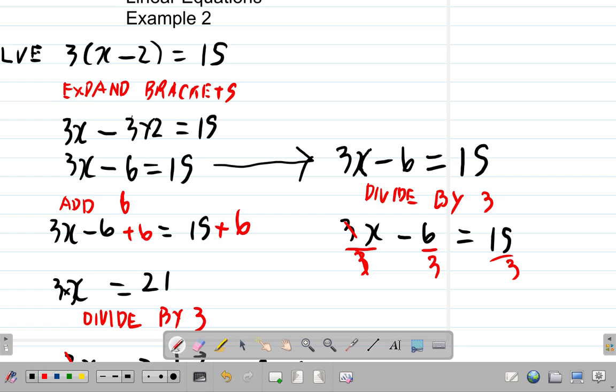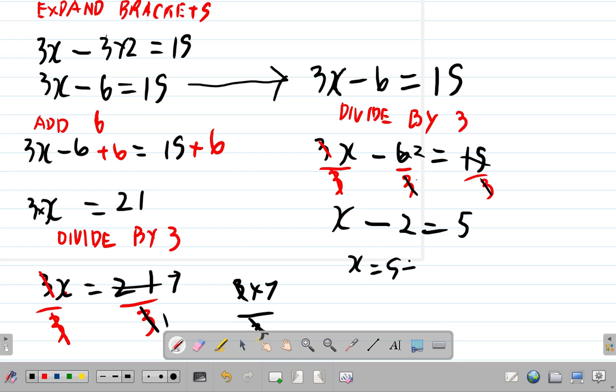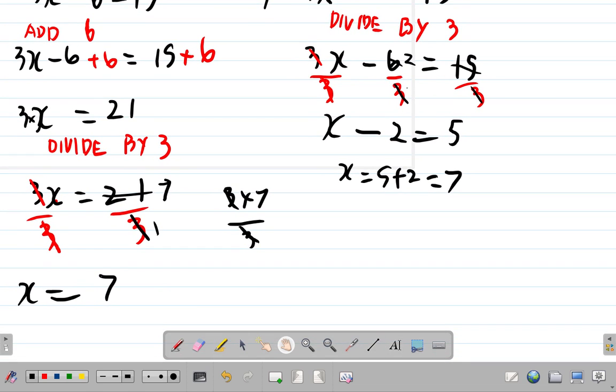So you have x minus, there are 2 3's in 6, so minus 2 is equal to, there are 5 3's in 15. 3 into 15 goes 5 times. And then what you do here is to say x is equal to 5 plus 2, which is 7. So x is equal to 7. So you see that?